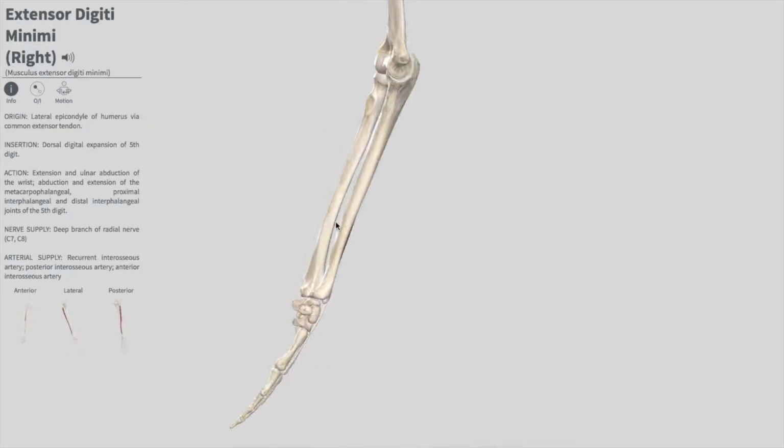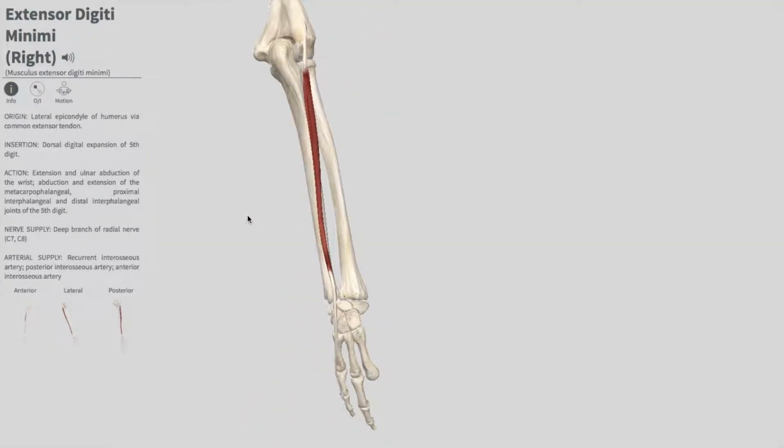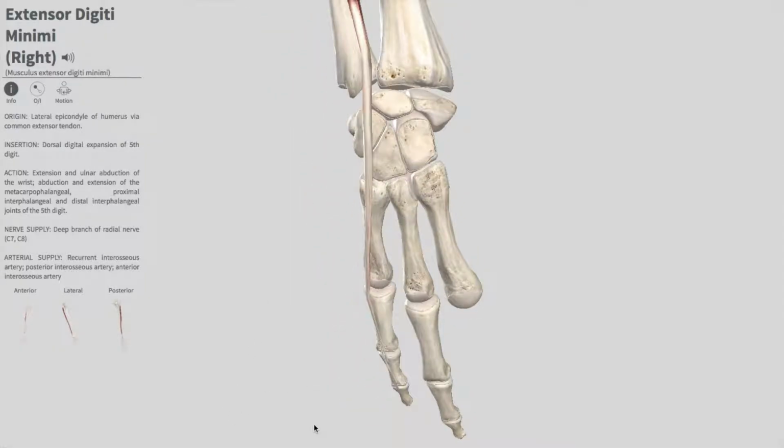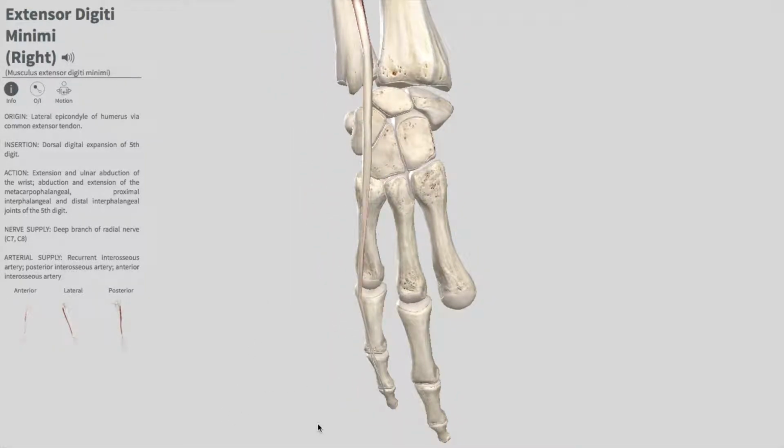It's going to have a small muscle back here. It's hard to highlight it. Extensor digiti minimi is going to also sit at the lateral epicondyle of the humerus, and it's going to sit on the middle and distal phalanges of the little finger. And the function of this muscle is to extend it backwards. Send the little finger backwards.